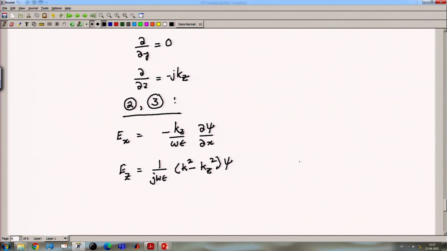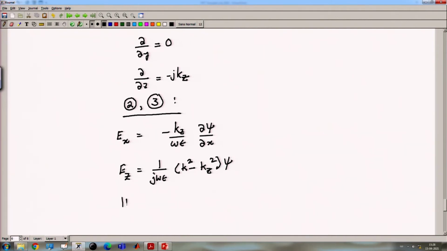This is pretty much the same thing we derived before, because the z variation there too was e to the power minus j k z z. So, del z was minus j k z. So, E z becomes this. H x becomes 0 because del psi del y becomes 0.